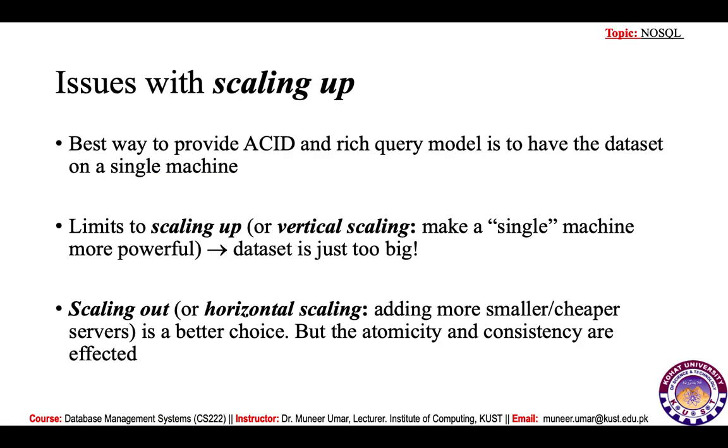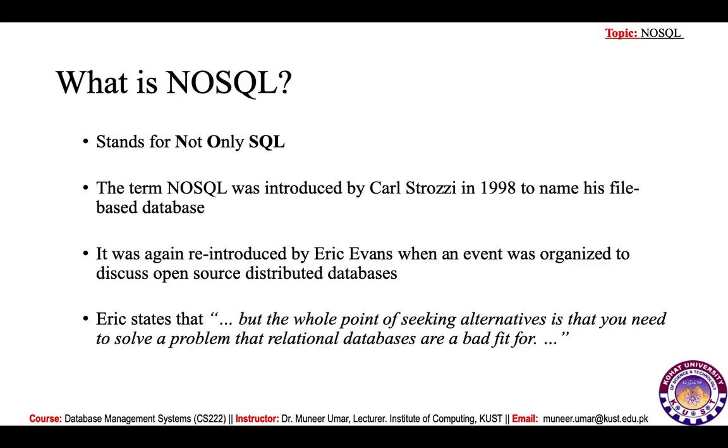So still, in scaling up, we may have issues. The biggest issue is that the database would be quite big. So executing or processing bulky data in a big database would also cause issues.